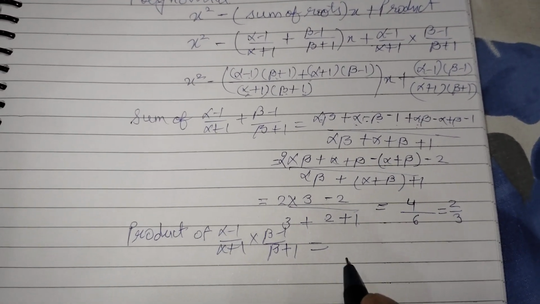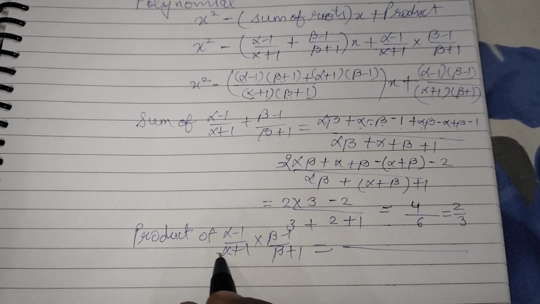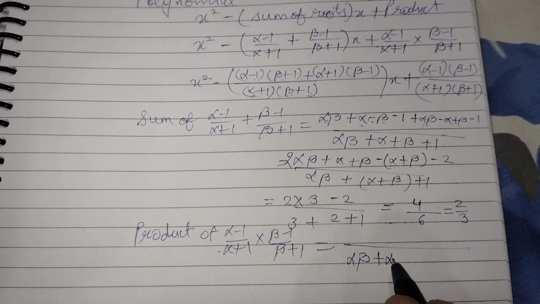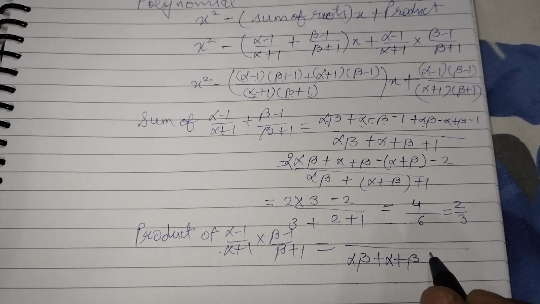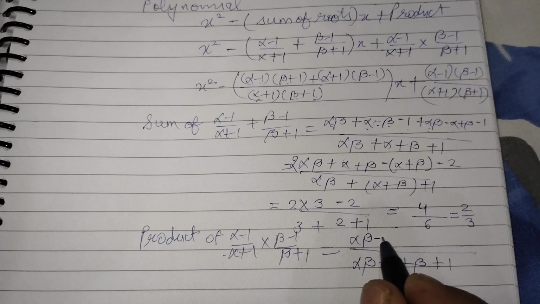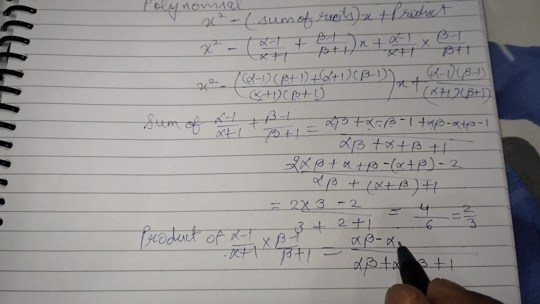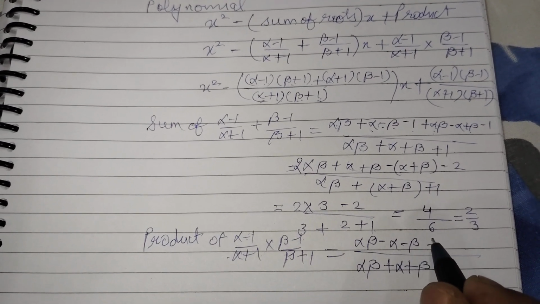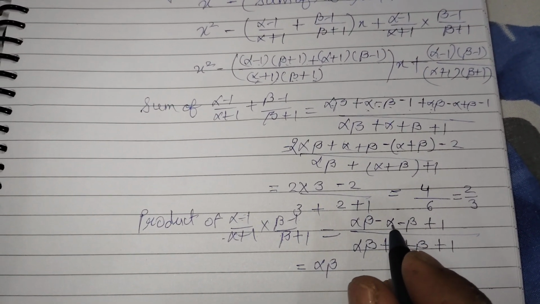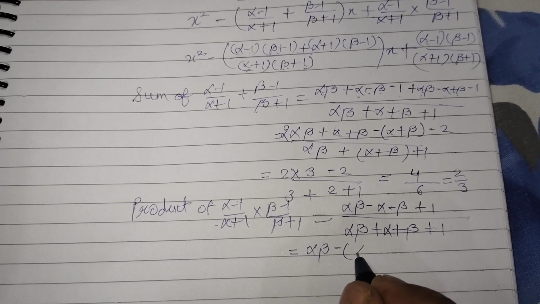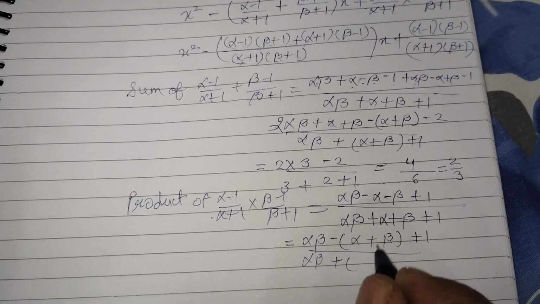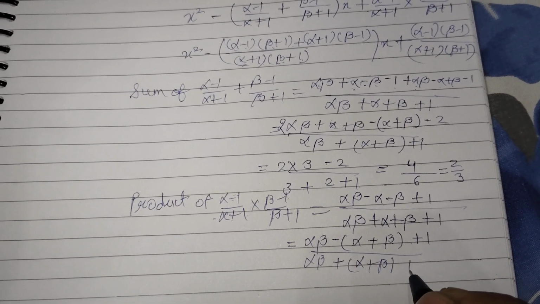Taking minus common from alpha and beta, the numerator is alpha beta minus (alpha plus beta) plus 1, upon alpha beta plus (alpha plus beta) plus 1.